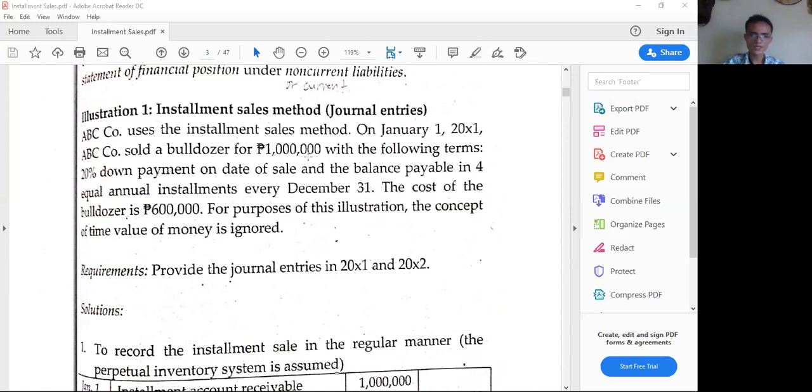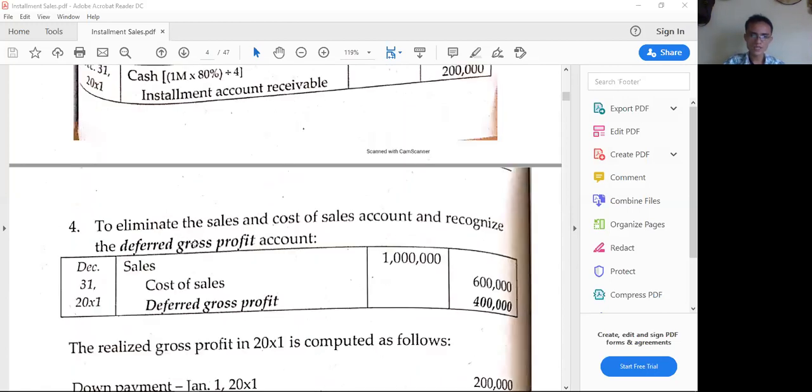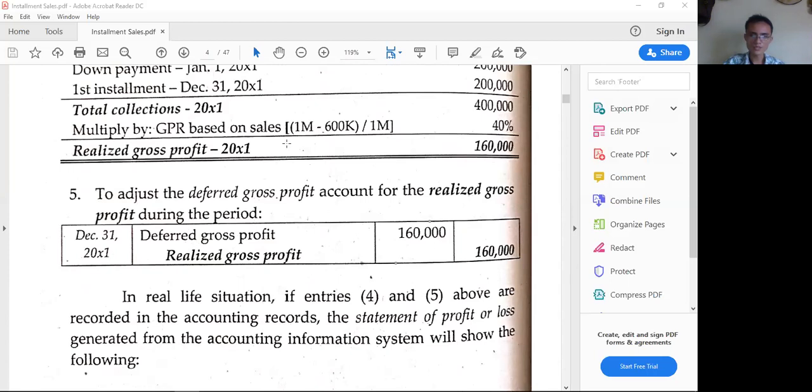We have here sales of 1 million, cost of 600,000. 1 million minus 600,000 is 400,000, divided by 1 million. So deferred gross profit over sales, 400,000 divided by 1 million, is 40%. That's if it is based on sales. But if this is based on cost, the denominator would be the cost, 600,000.